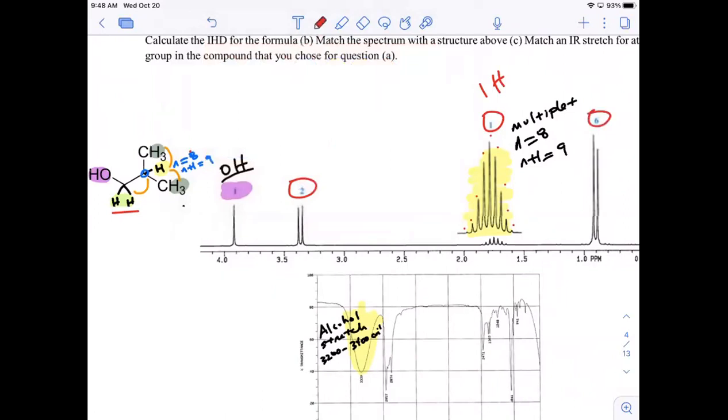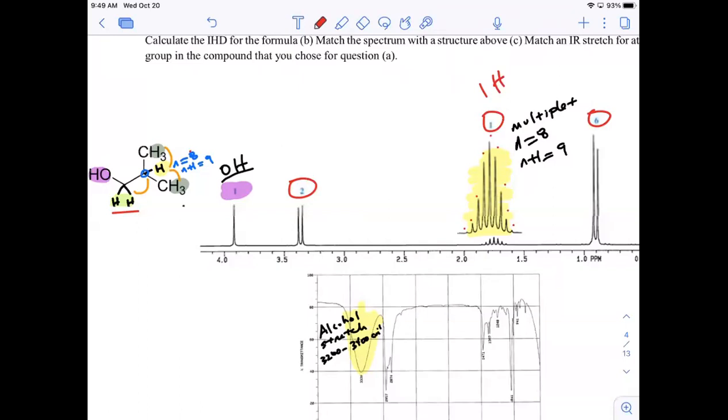All right, so let's go to the one all the way furthest down. Where can I find a set of protons in that molecule that's going to integrate for 6 protons? Because you can't have 6 protons on 1 carbon, that signal has to be representative of some equivalent protons.